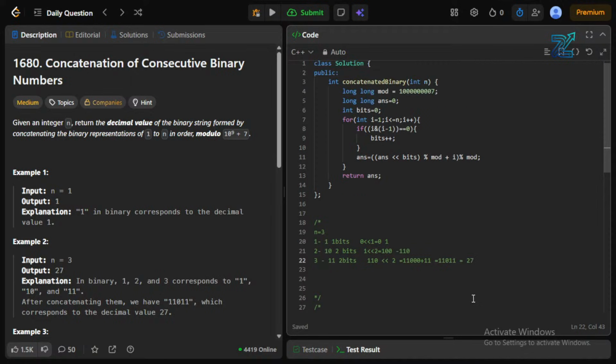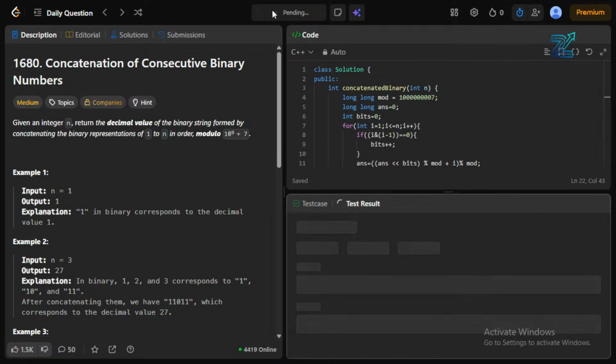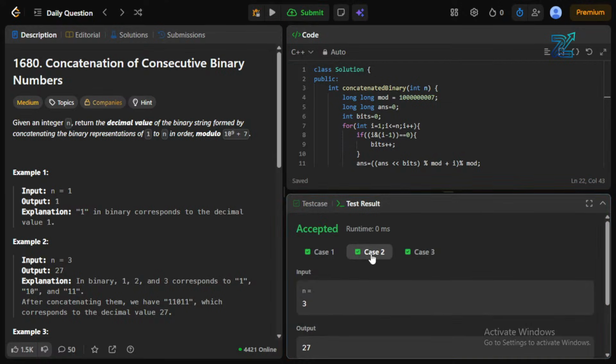So we will run this. All the test cases have passed. Now we will submit this.